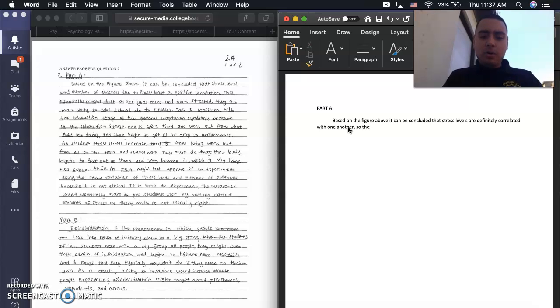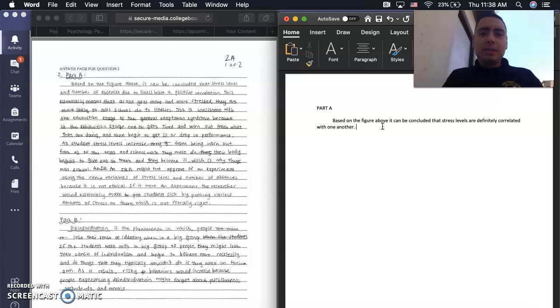So the more a student misses school, or we'll just say just like that. Based on the figure above, it can be concluded that stress levels are definitely correlated with one another.